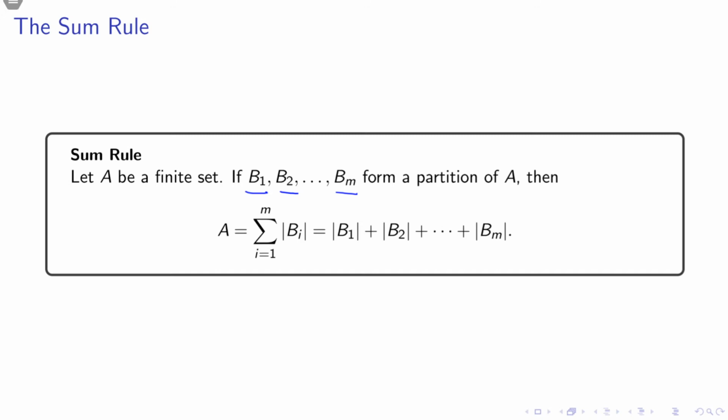So instead of counting this big collection, if you know which cases to break it up into, that might make the problem easier to deal with. Now, this is important, the word partition here. It's very important to check that these cases, or these sets B1 to BM, do form a partition of what you're counting. And to demonstrate this, let's look at another example.